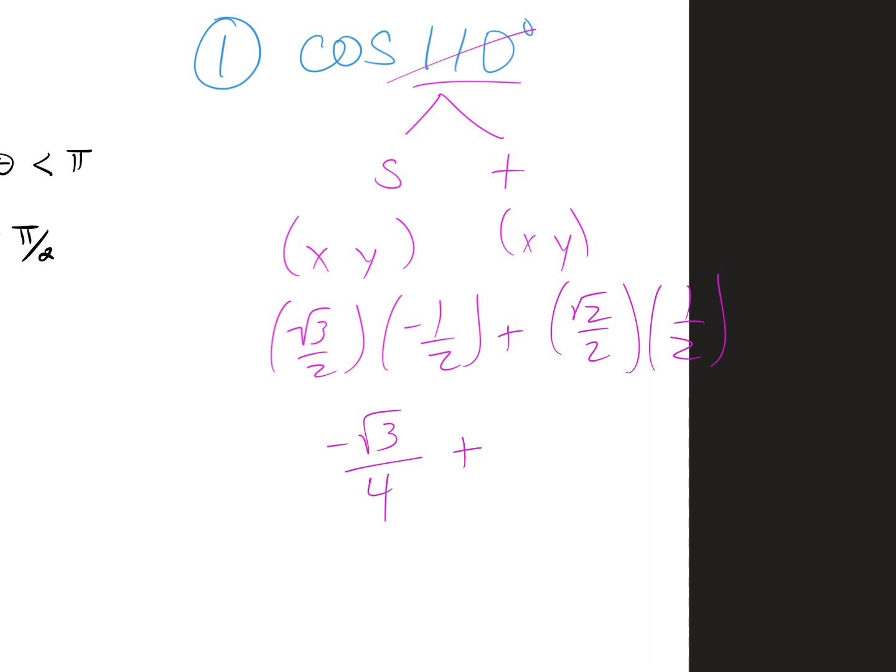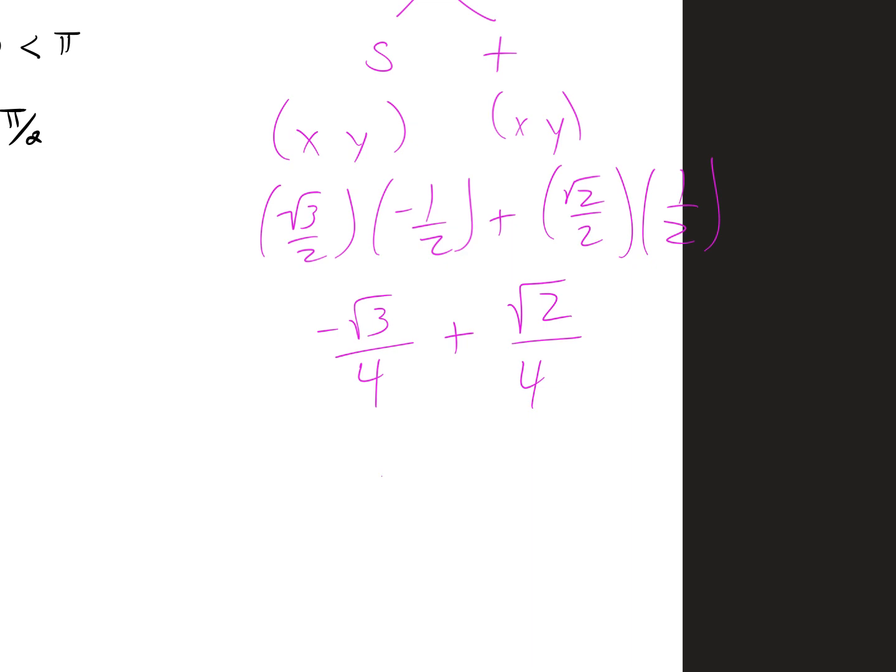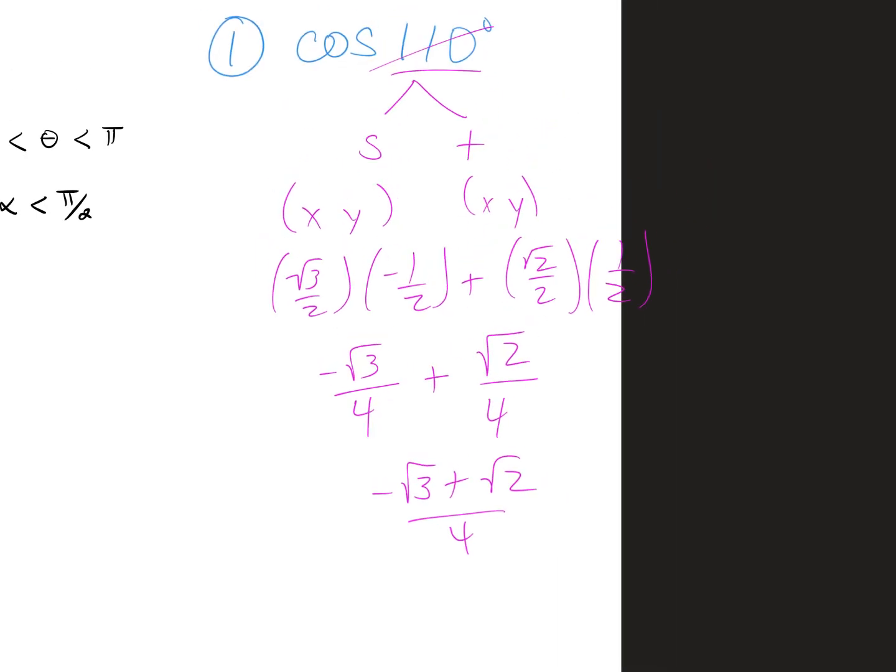And then I have plus the square root of 2 over 2 times 2 is 4. Would that be your final answer? No, you'd rewrite it over one denominator, and you cannot combine those 2. This is not the answer to this question. I'm just showing you what the format would look like of how you would figure it out. But you guys will be given the formulas. So you just plug in the sine of this one, the cosine of that one, that sort of thing.